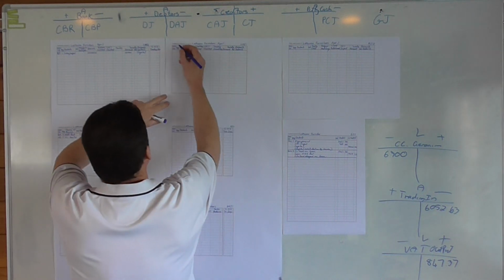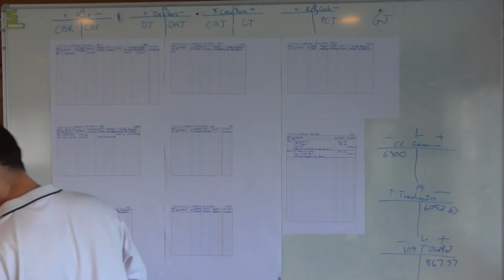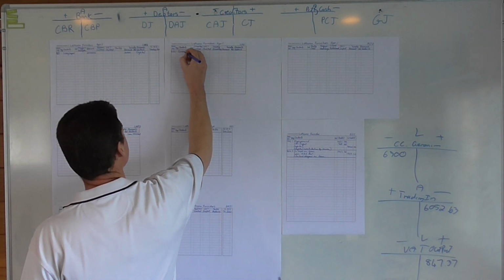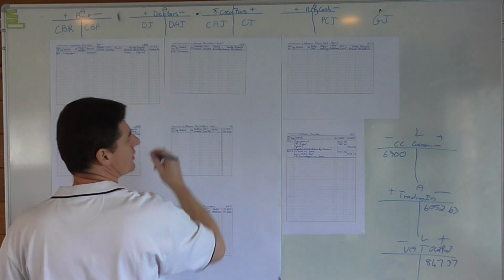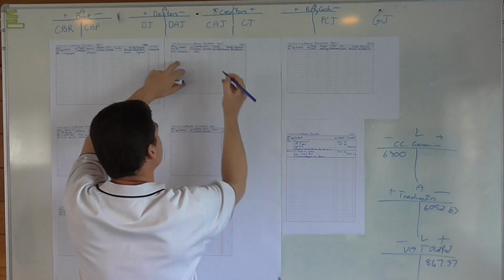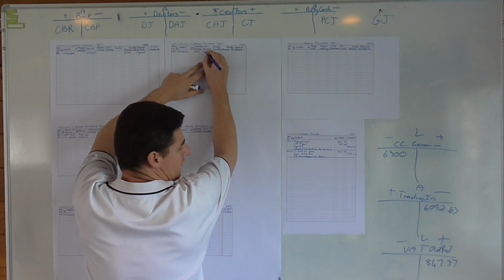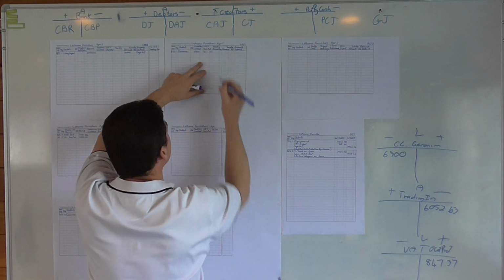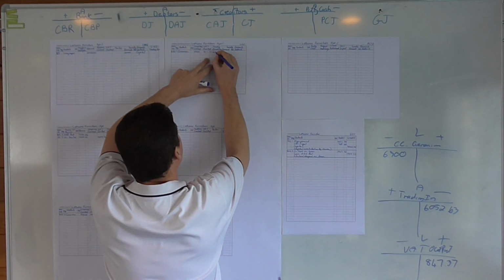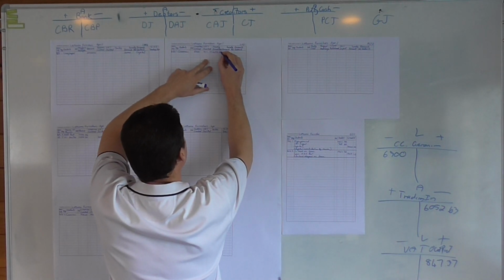The document number will be RE2. The day will be the 7th. It's Geronimo's. Then creditors control is 6900. Your VAT output is 847.37, and your trading inventory 6052.63.